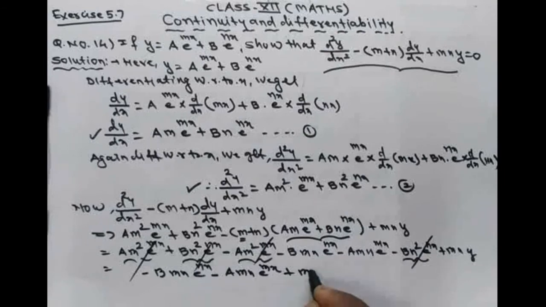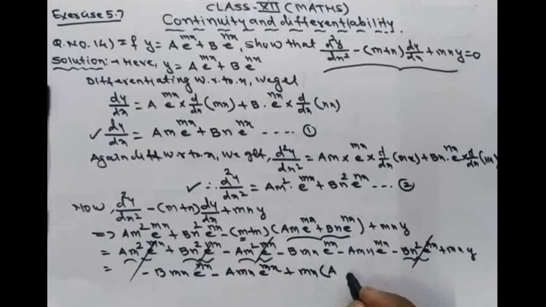So we get here minus b m n e^(nx) minus a m n e^(mx) plus, I can put here y also. What is y? A into e^(mx) plus b into e^(nx).